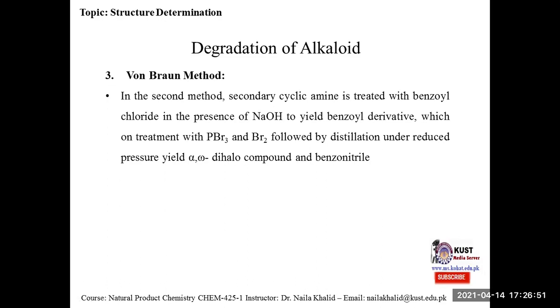In the second method, a secondary cyclic amine is treated with benzoyl chloride in the presence of a base like sodium hydroxide to yield a benzoyl derivative, which on treatment with phosphorus tribromide in the presence of bromine, followed by distillation under reduced pressure, will yield an alpha-omega dihalo compound. This dihalo compound will show how many carbon atoms there are, or what the carbon skeleton of the alkaloid is, and benzonitrile is formed as the byproduct.